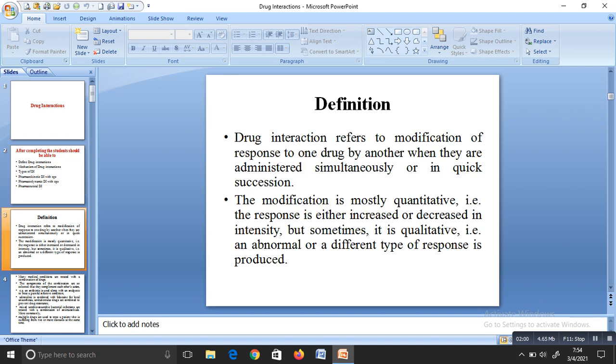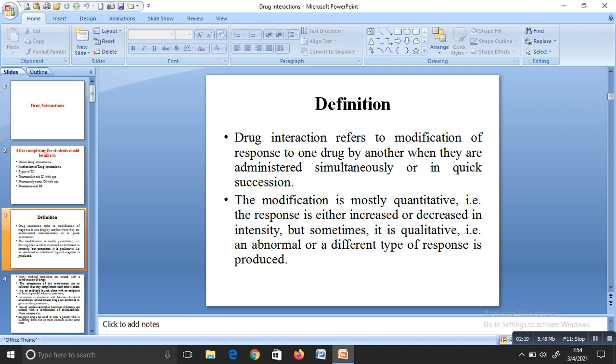Drug interaction refers to modification of response to one drug by another when they are administered simultaneously or in quick succession. I hope you're clear.